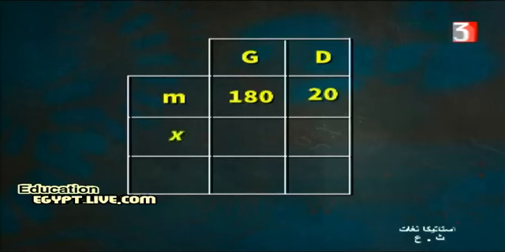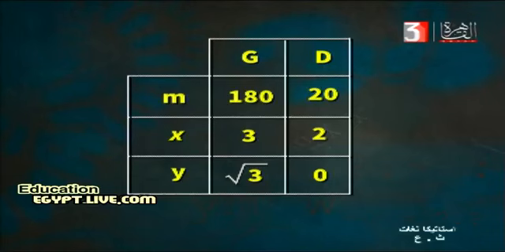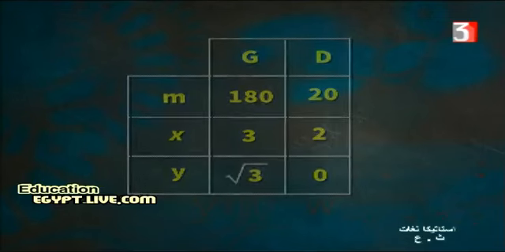X coordinates 3, 2, Y coordinates root 3, 0. By the simple rule, M1 x1 plus M2 x2 over M1 plus M2 to calculate the center of gravity, xg and yg.